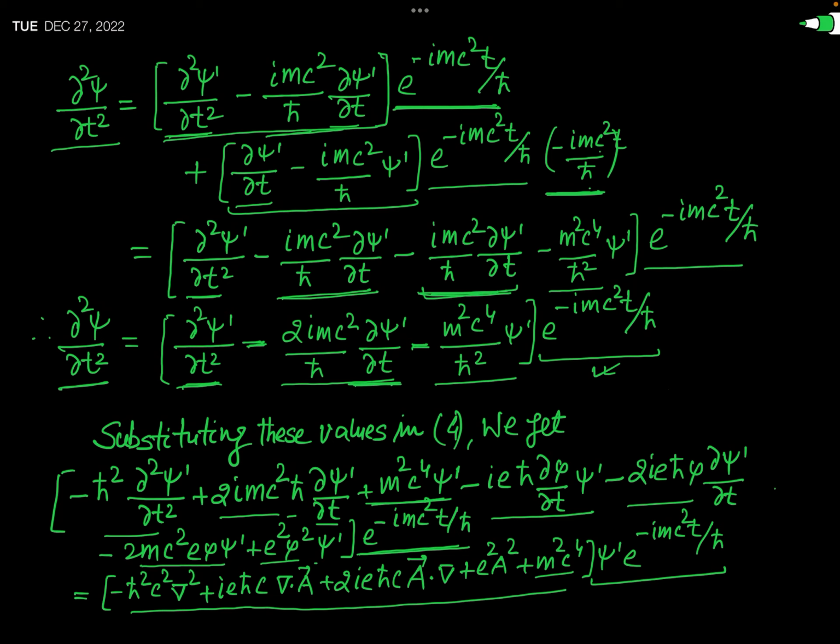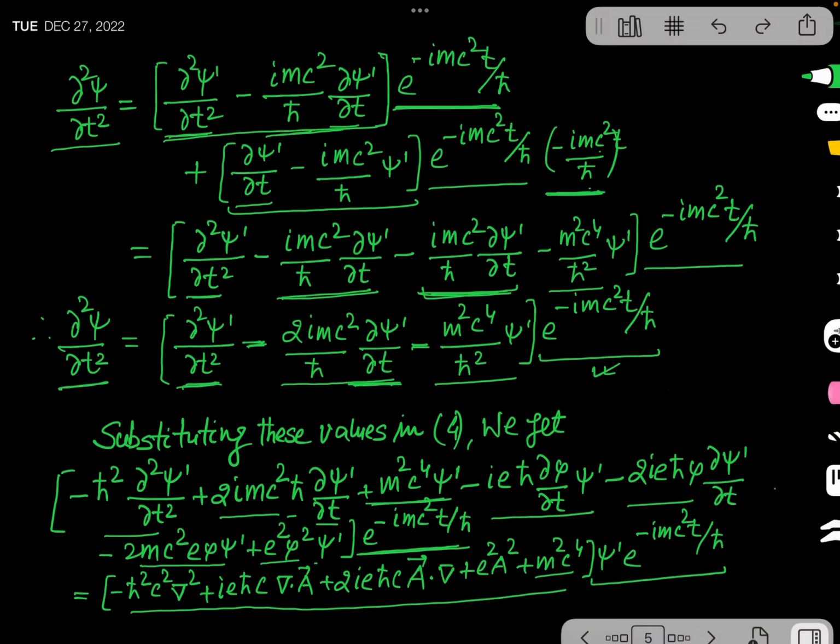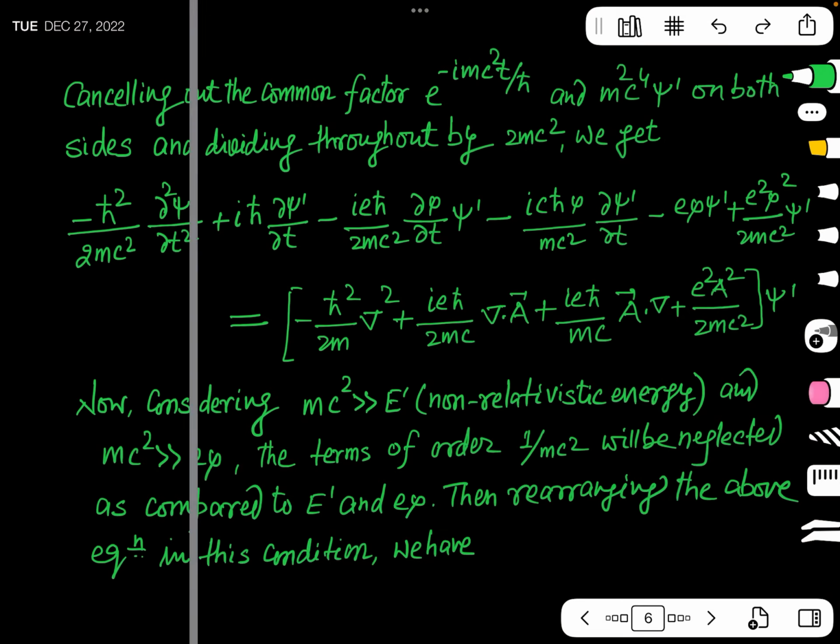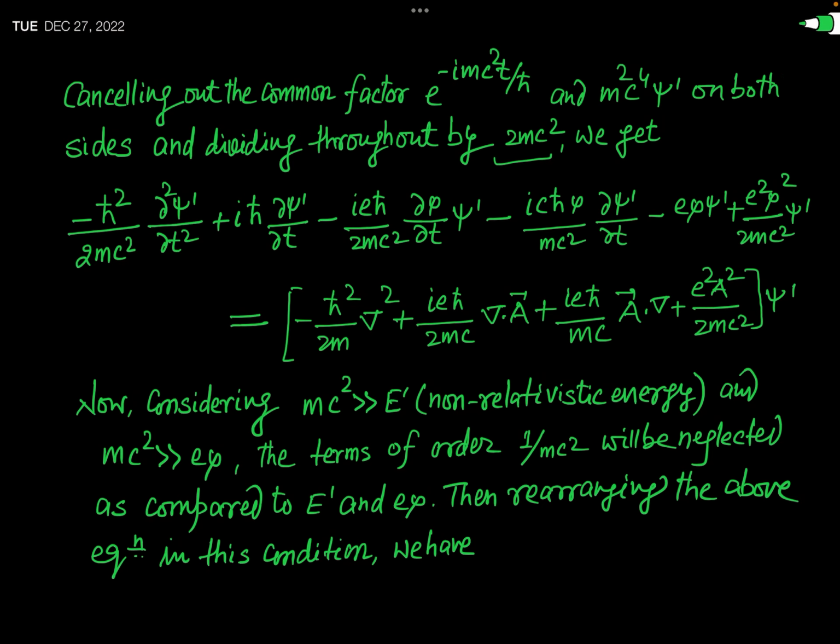So cancelling this common factor e to the power minus imc²t/ħ and this m²c⁴ψ', at the same time we divide this equation on both sides by the factor 2mc².